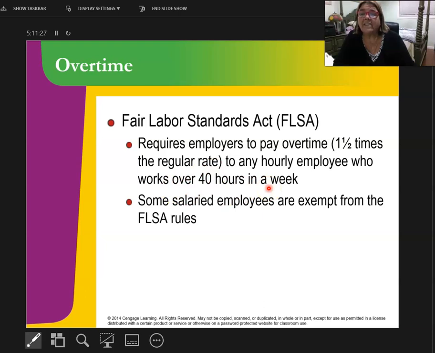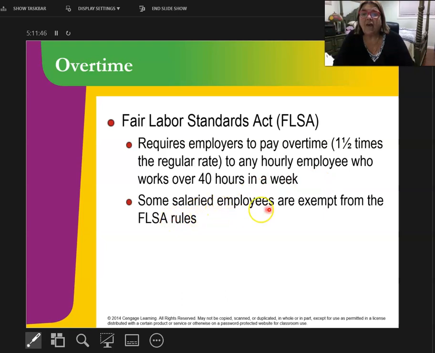Well, it should also say, or more than 8 hours a day. So anything over 40 hours in a week and or 8 hours a day, unless your contract says otherwise. And we'll get into that later on.